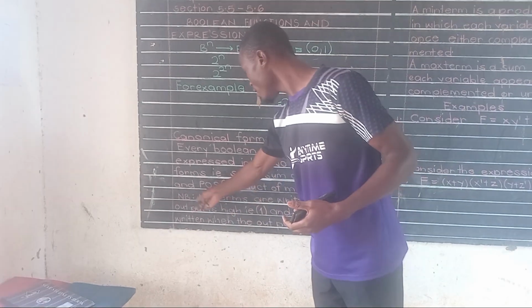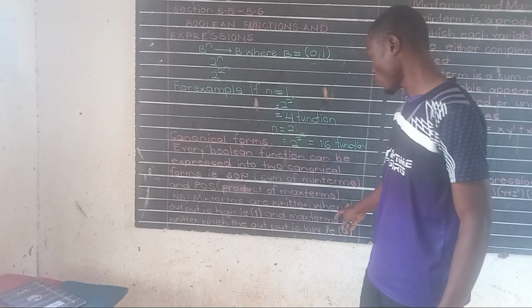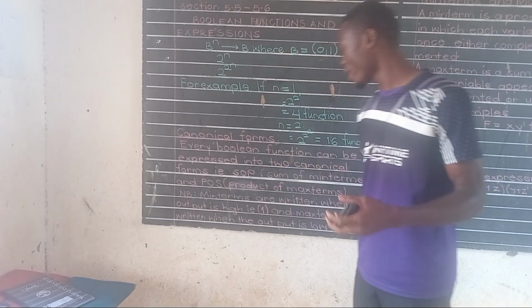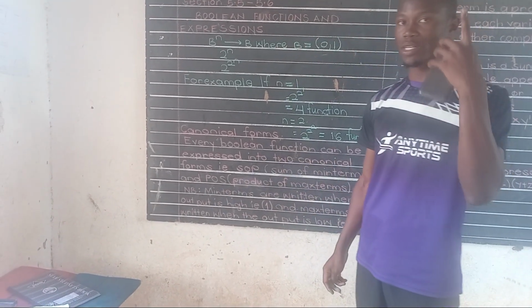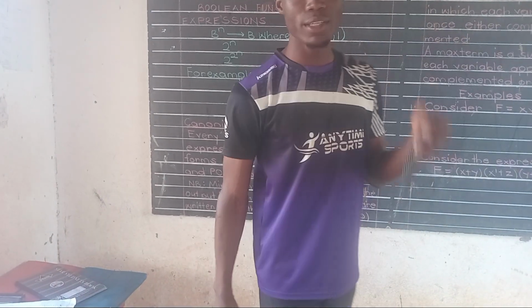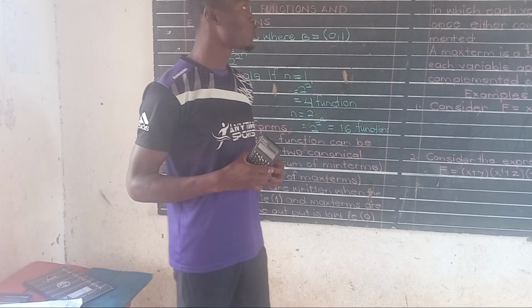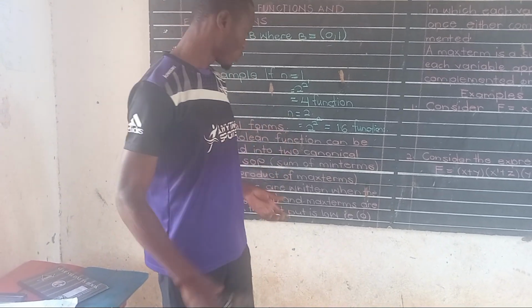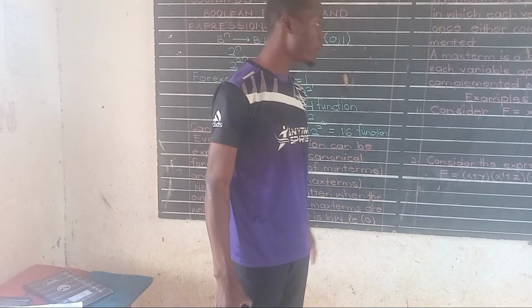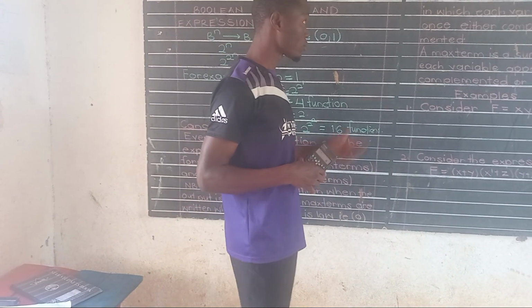There is an NB here: min terms are written when the output is high, that means when the output is 1, I will write the min term, and I will get the max term when the output is low, which means the output is a 0. We shall refer to this NB when we are coming up with an expression of the Boolean function.